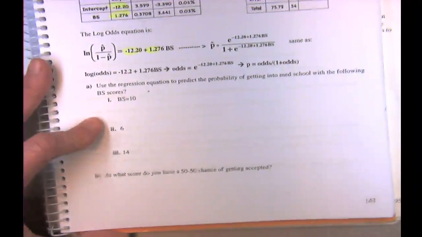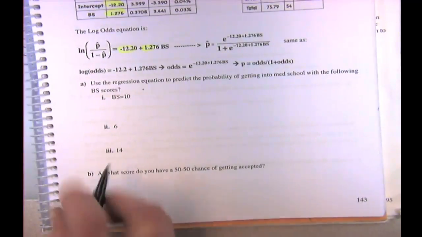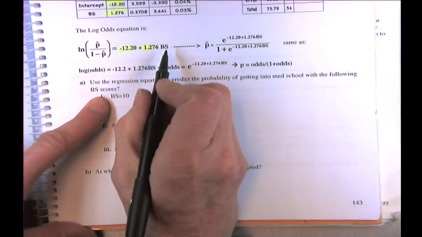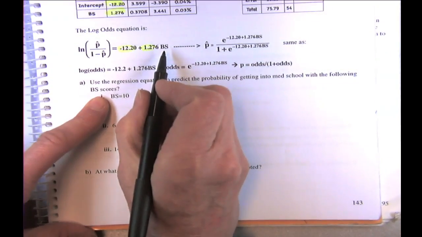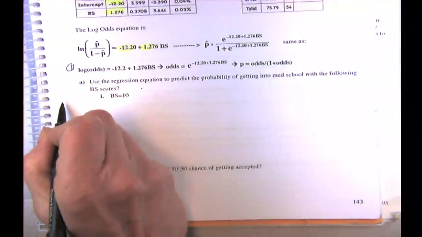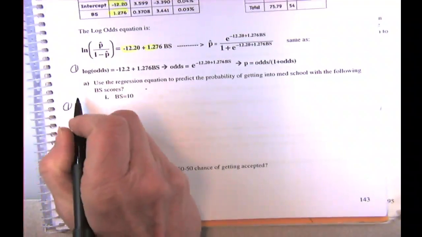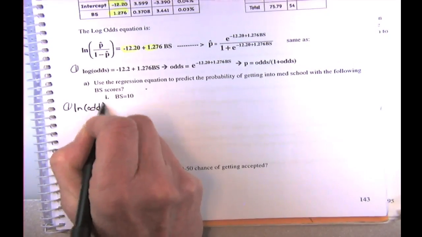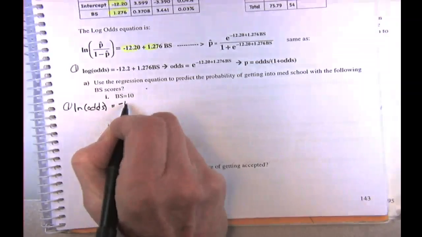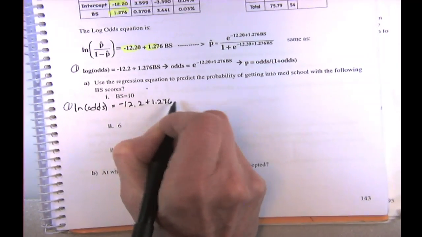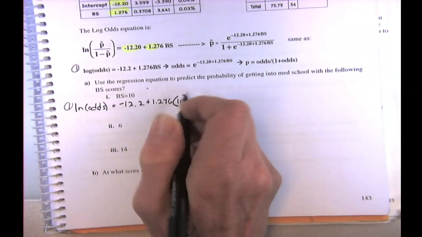All right, so we're going to start off, we're going to plug 10 for BS, and that will give us not our probability, it's going to give us our log odds. So our first step is just to get the log odds. So the log of the odds is equal to negative 12.2 plus 1.276 times 10, all right?